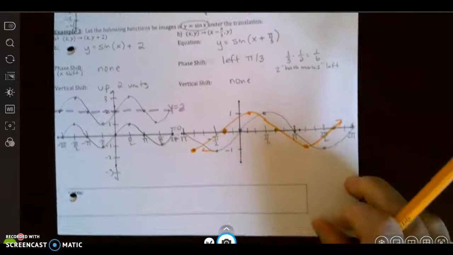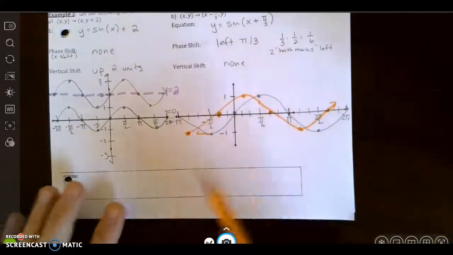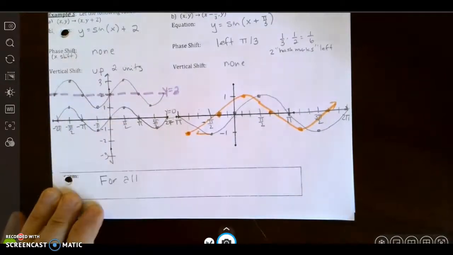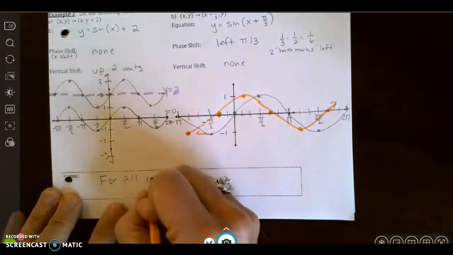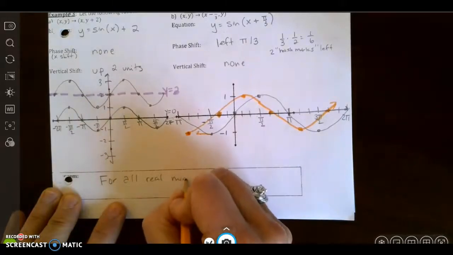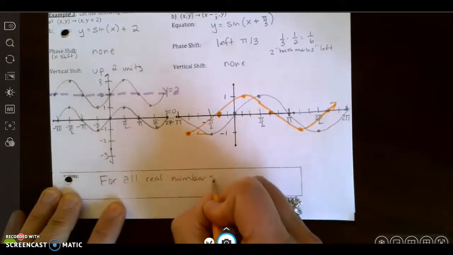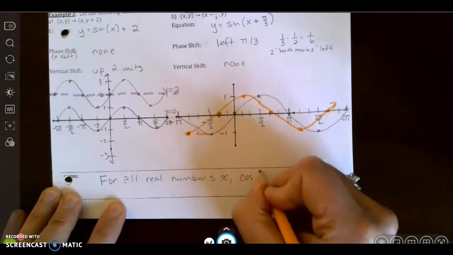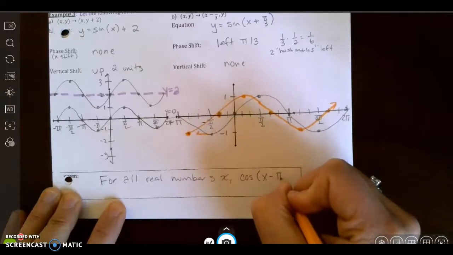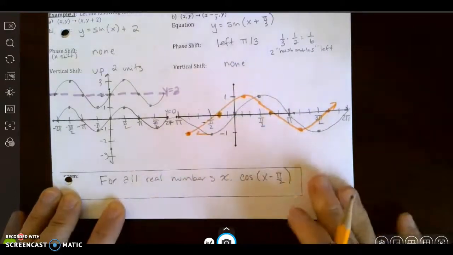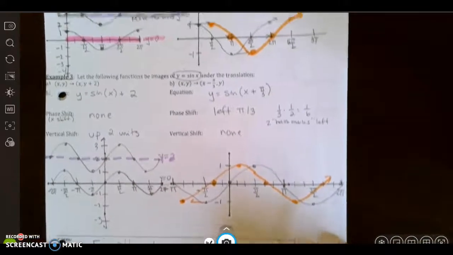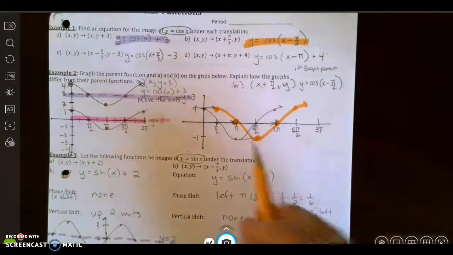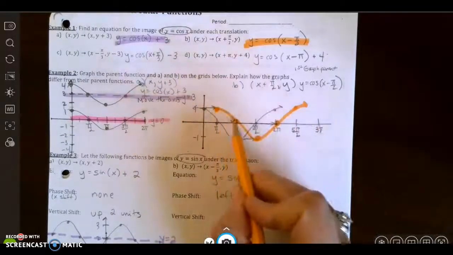Which brings us to our theorem. And our theorem says that for all real numbers x, the cosine of x minus pi over 2, I want you to come up here to the very first phase shift one that we did, example 2, letter B. Here's my new curve.